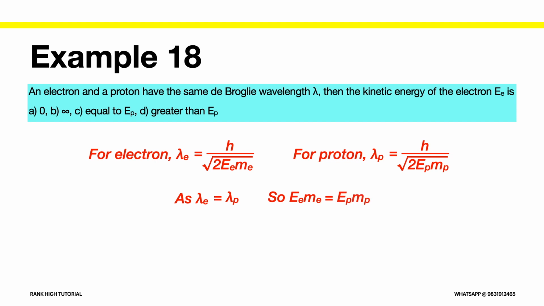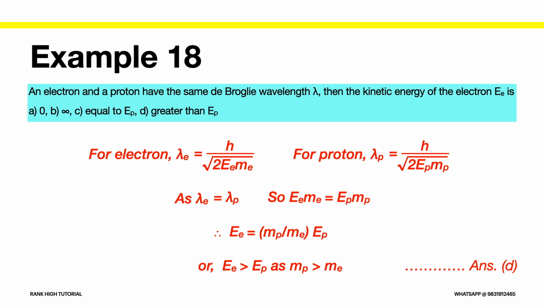After rearranging, we get energy of electron equals mass of proton divided by mass of electron into energy of proton. Therefore, energy of electron is greater than energy of proton, as mass of proton is greater than mass of electron. Therefore, the correct answer is option D.